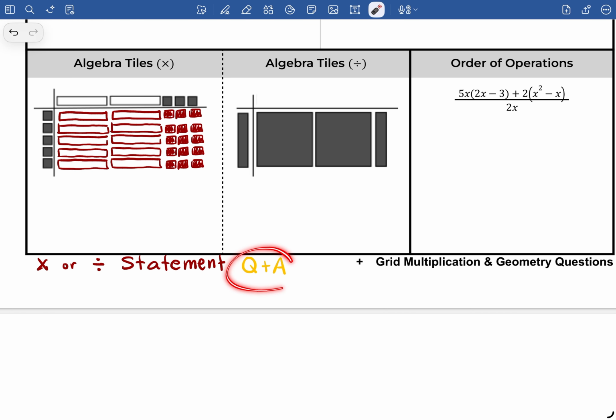So when I say a question and answer, the question part of this multiplication statement is what you were given. We've got this, and we've got this. And so what is this as a polynomial? That's 5. Excellent. What is this as a polynomial? Negative 2x plus 3.